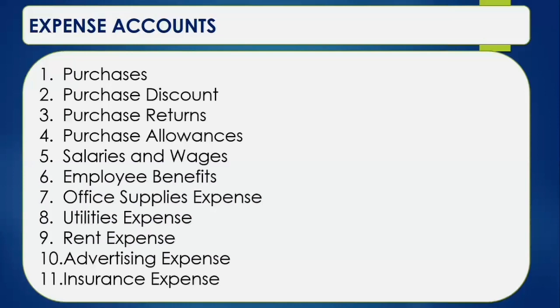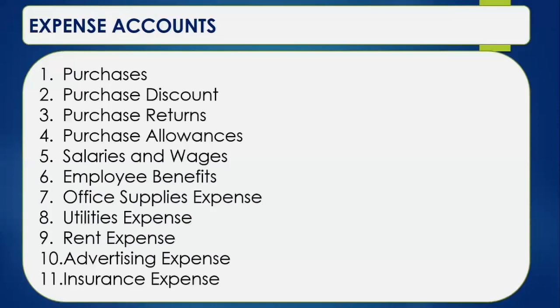Next, we have salaries and wages. Salaries and wages expense represents the labor payments to employees of the company. And next, we have employee benefits. These represent the labor payments to the employees other than the basic payments that are highly discretionary on the part of the employer.